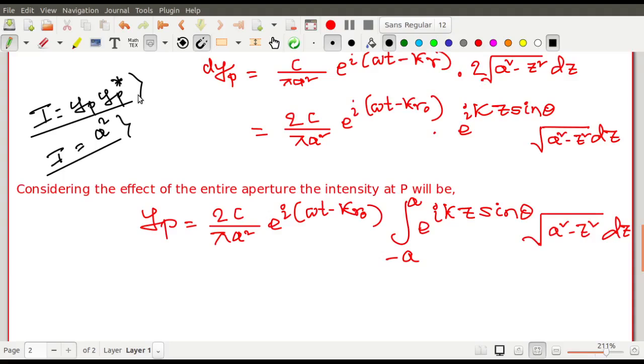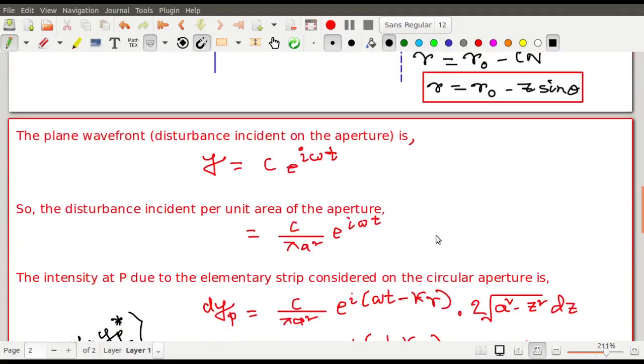The first thing is, you could argue: sir, all these problems are arising because you have taken the exponential. The idea is that this integral is very difficult to evaluate, and this actually arises because of the consideration of the exponential portions. If I don't take the exponential, if at the start I had taken the wave as a cosine, some c cos omega t, I could have done it that way.